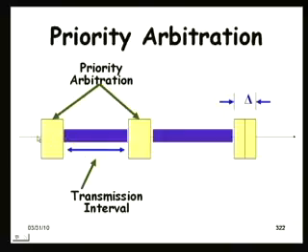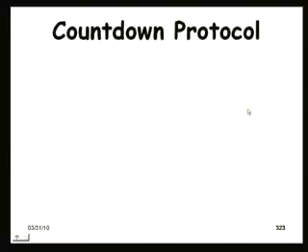At the start of every slot, priority arbitration takes place, and once it is decided which node has the highest priority message at that instant, it utilizes the channel until the start of the next slot. The duration for which the priority arbitration occurs is typically very small, denoted by delta.